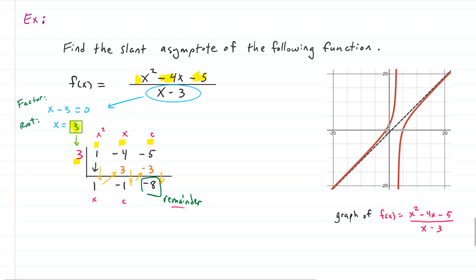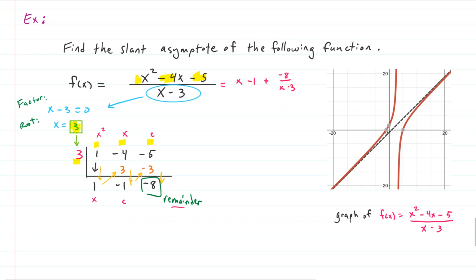So our answer to the division problem, x squared minus 4x minus 5 divided by the quantity x minus 3, is x minus 1, plus -8 over x minus 3.